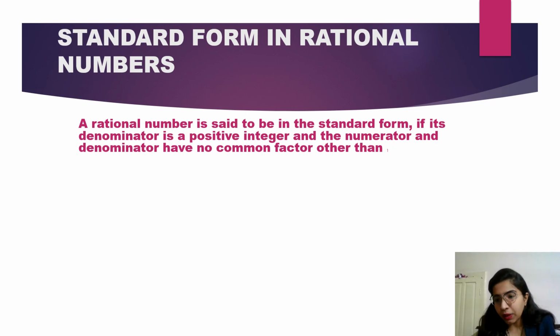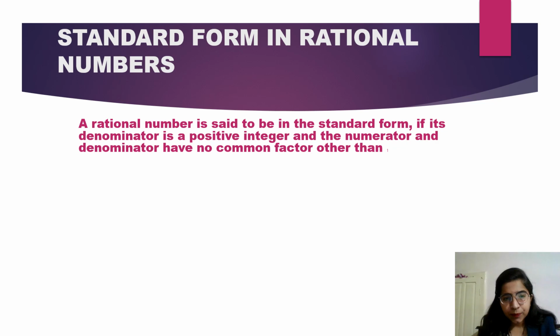Like if I write 2 by 3, 2 and 3 are not divisible by each other or by any other number. They have a common factor of 1 only, right? 2 into 1, 3 into 1 you can write, and 1 is the only common factor. No other factor is common over here. So we can call 2 by 3 a standard form of rational numbers. They must not have any common factor.